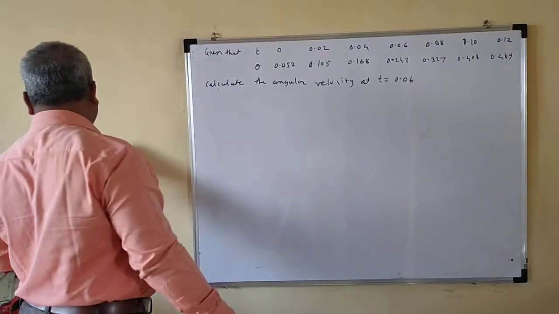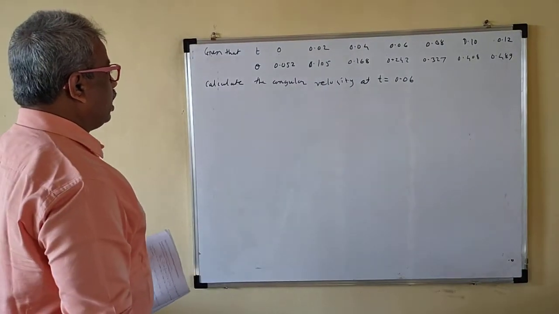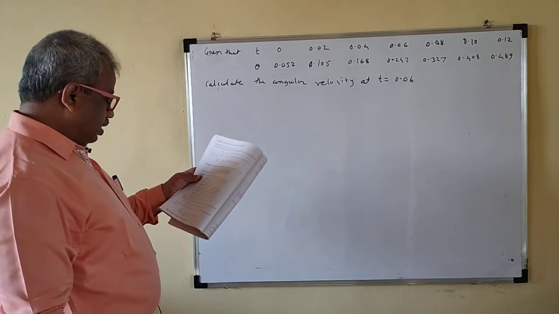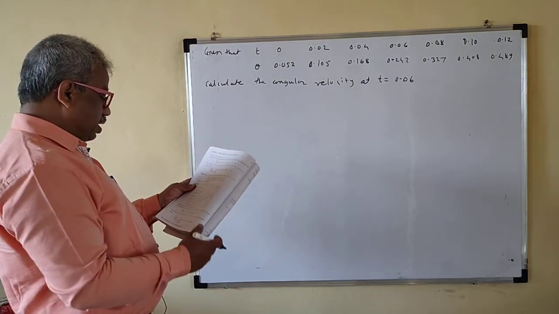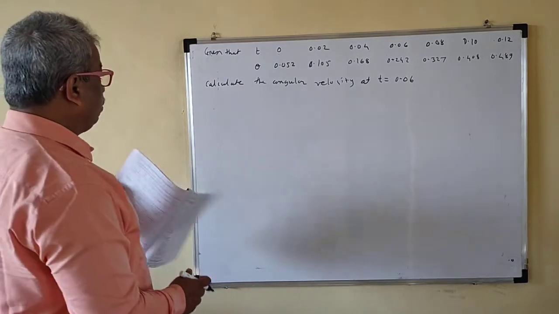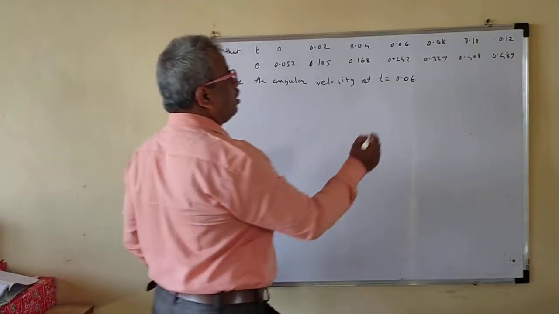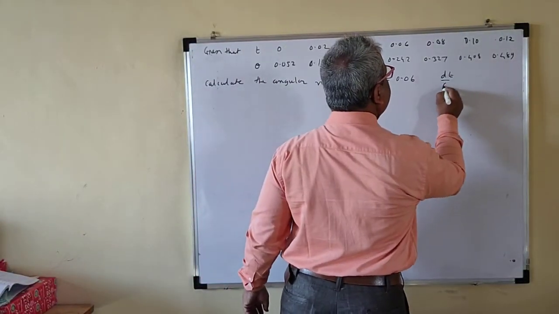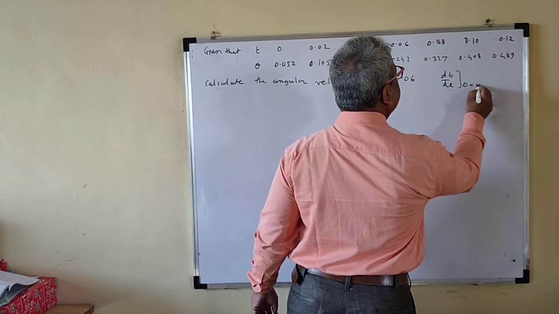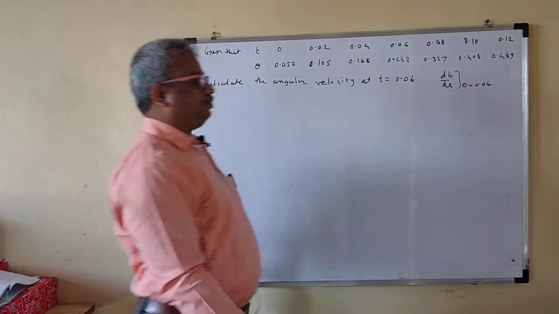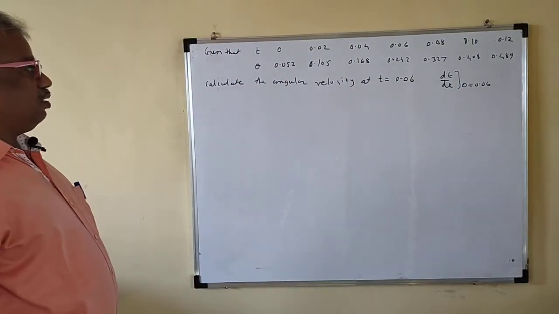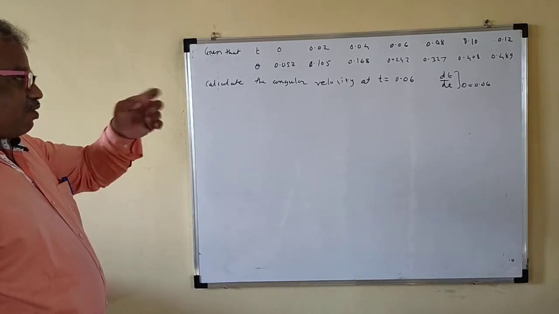You have to find the angular velocity at that point. That means you have to find d theta by dt at t is equal to 0.06. You have to find this value.